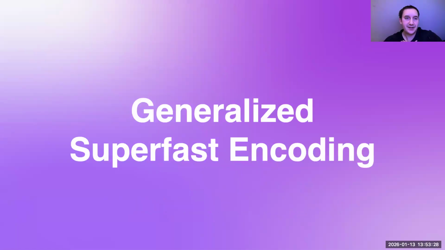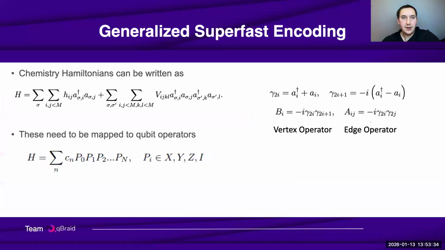So the next research topic that we have been working on is the generalized superfast encoding. When you have a chemistry Hamiltonian written in terms of fermionic raising and lowering operators on the top left there, in order to use it on a quantum computer, this needs to be mapped to qubit operators.